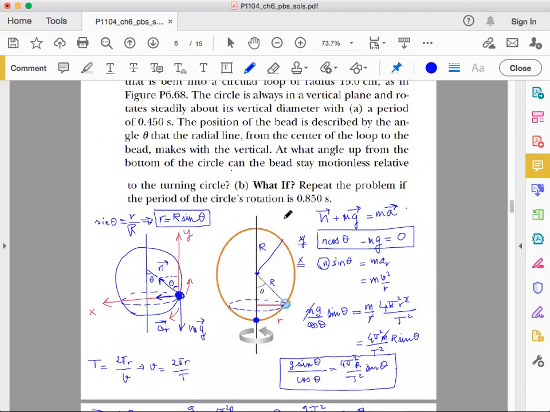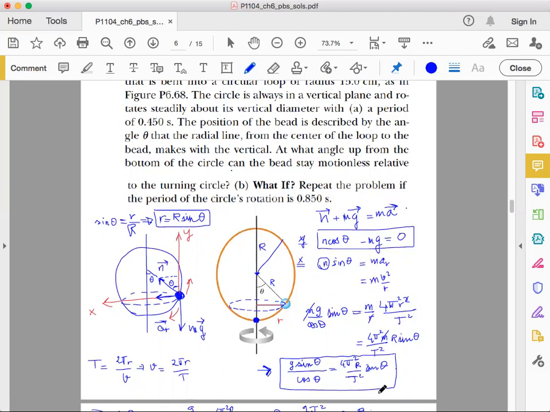Now for the part B, you have to repeat the problem, but by taking the value of the period to be 0.85 seconds. Whenever you have to repeat the same problem, you just have everything in hand because you already have solved it in part A. All we need to do now is to take the same analysis, the result of this analysis, which is this equation, and do the same reasoning.